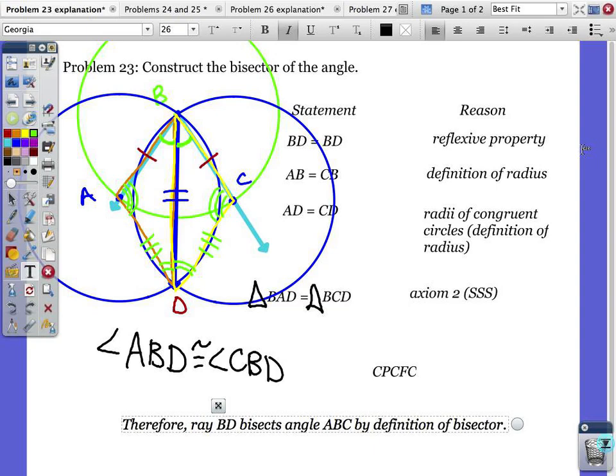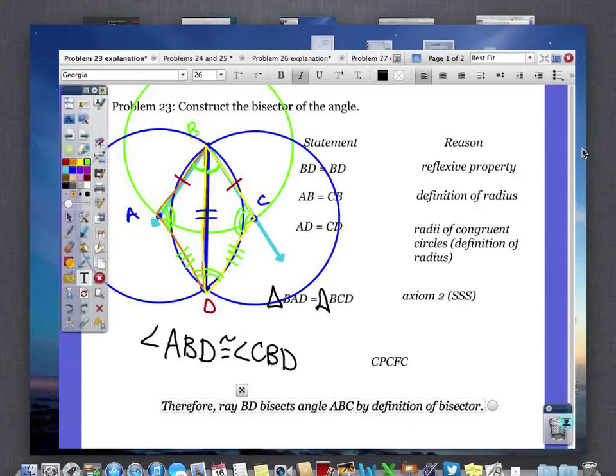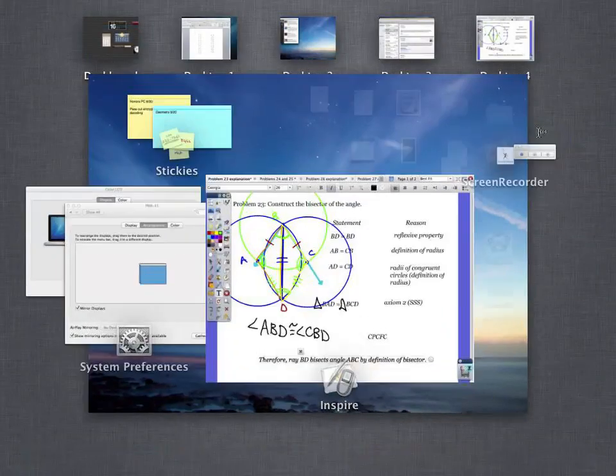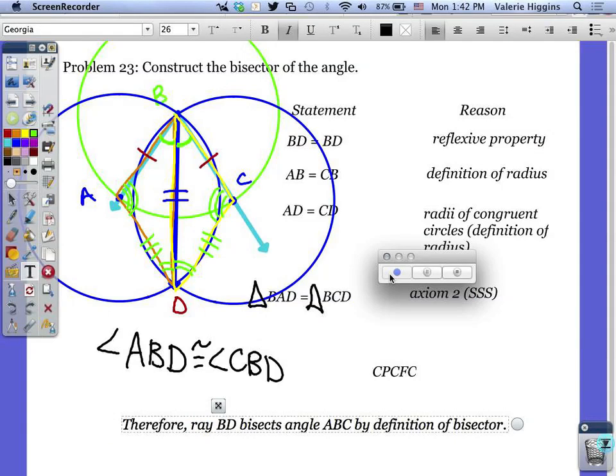Give us the statements. I'd rather have the reasons. The thing about writing the statements is I don't know if I'm going to use the same letters that you will. Or you can write the reasons. It's all good to me. And we would draw the figure.